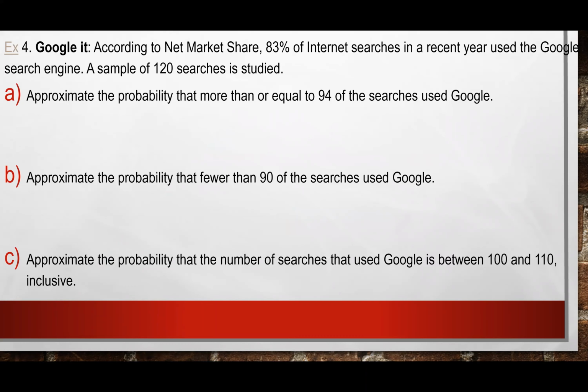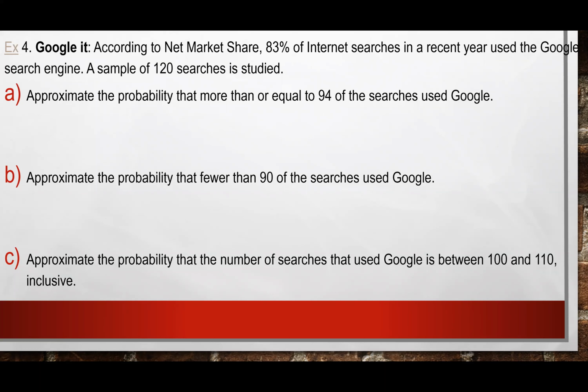A sample of 120 searches is in a study. Now if you read A, they say approximate. In the previous three problems, they asked you to find the proportion of the population, find the probability, or find the 80th percentile. Now they ask you to approximate.